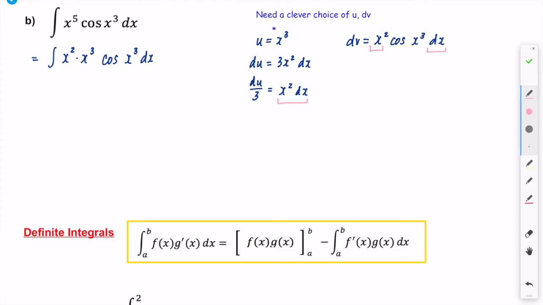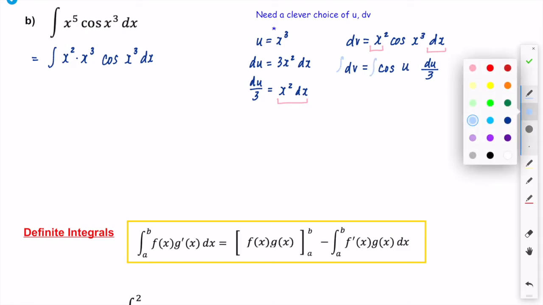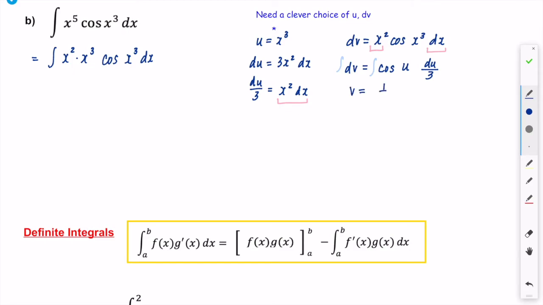Why is this useful? Well, this allows me to rewrite dv as cosine u, since x cubed can be written as u, and the rest of it is du over 3, or 1/3 cos u du, which is much easier to integrate, right? This will give me v equals 1 over 3 times the integral of cosine, which is sine u.